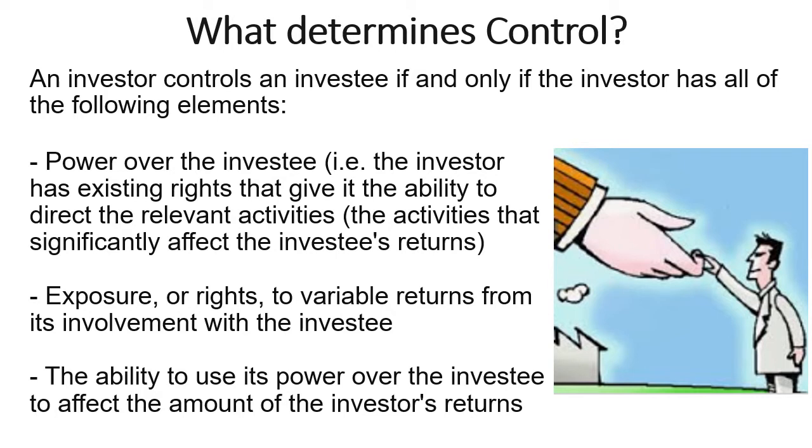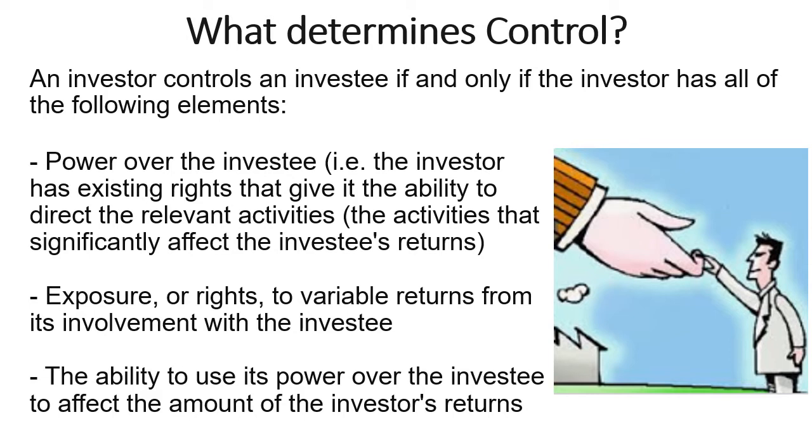These three elements are the following. An investor controls an investee only when these three elements are applicable. You need power over the investee. That is very critical. An investor has power over an investee when it has existing rights that give it the current ability to direct the relevant activities of the investee. That is the first requirement.